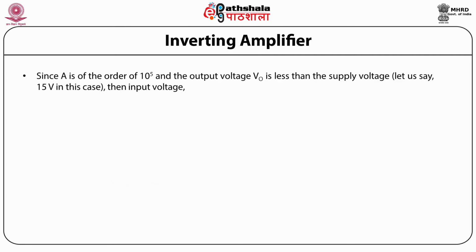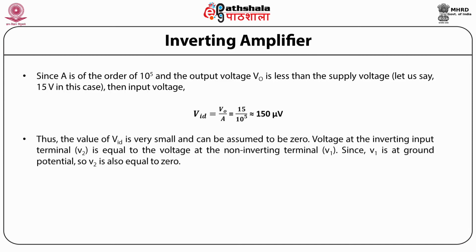Since A is of the order of 10 raised to power 5 and the output voltage V0 is less than the supply voltage, let us say 15 volts in this case, then the input voltage VID will be equal to V0 by A, which will be equal to 15 divided by 10 raised to power 5, approximately 150 microvolts. Thus, the value of VID is very small and can be assumed to be 0.